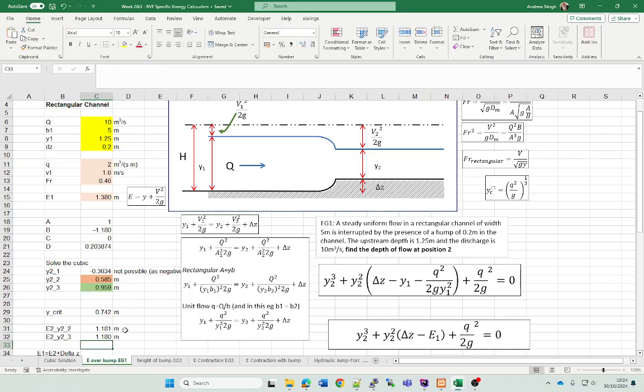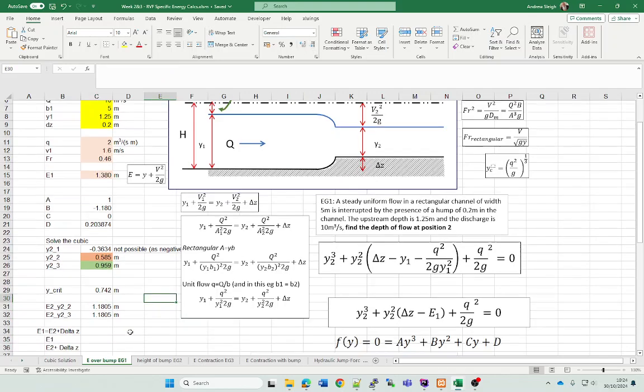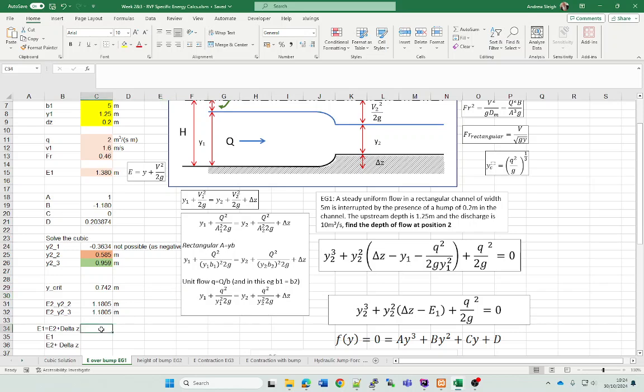Okay, minor differences in the precision there. Don't worry too much. So the precision's slightly similar. So what we want to see is that these two plus delta z are equal to E1.